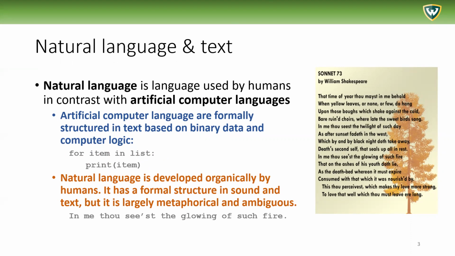Now, natural language is developed organically by humans. It has a formal structure in sound and text, but it is largely metaphorical and ambiguous. So in the statement, "In me thou seest the glowing of such fire," from Sonnet 73 of William Shakespeare, we see this kind of metaphor of the glow of the fire glowing on someone's face.